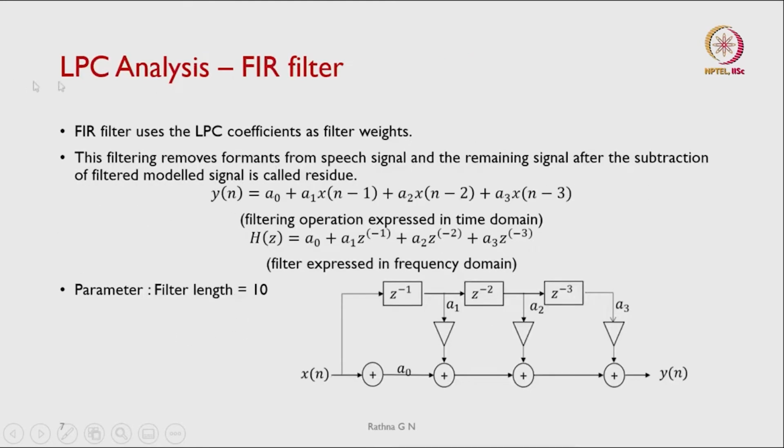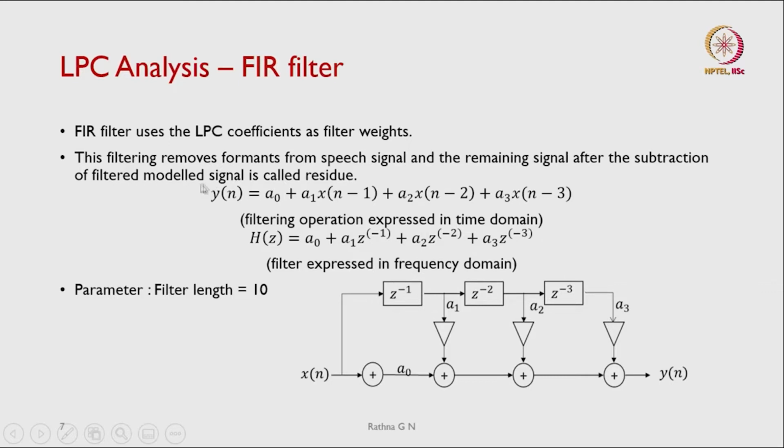So, coming to the analysis filter, here an FIR filter is being used, which uses the LPC coefficients as filter weights. This filtering removes formants from the speech signal, and the remaining signal after subtraction of the filtered modeled signal is called the residue.